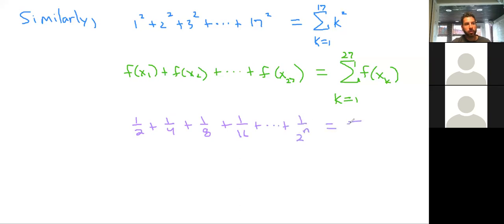Now this one's a little more complicated, but if you spend some time on it, you'll pick it up. This is the sum of 1 over 2 to the power k.